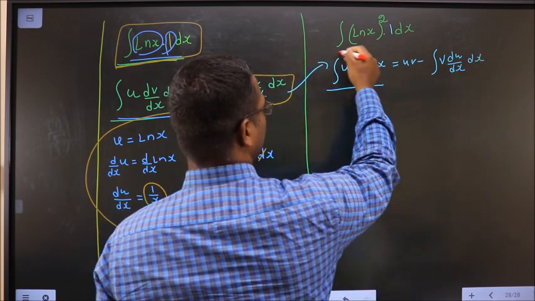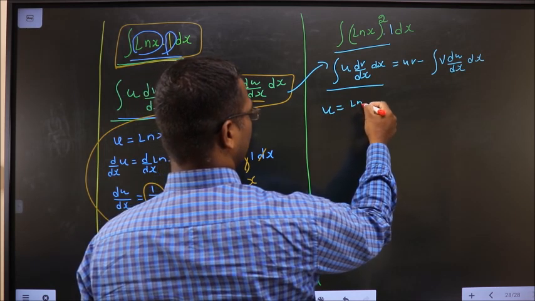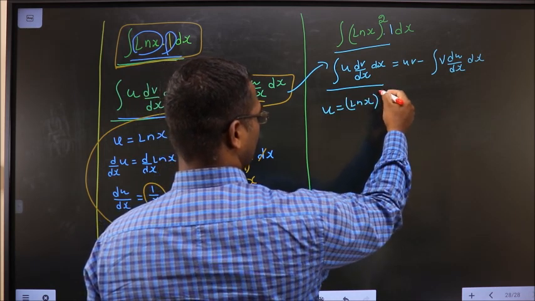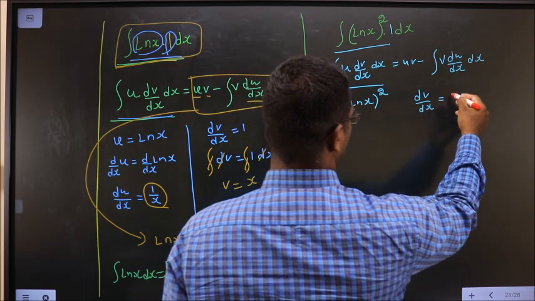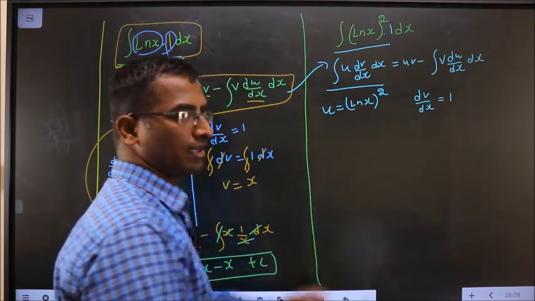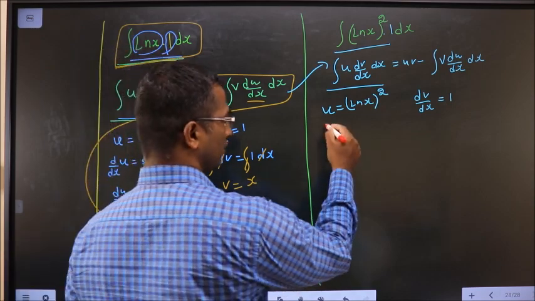Again I equate these two and I take u to be ln x whole square and dv by dx to be 1. Clear? Same as this.